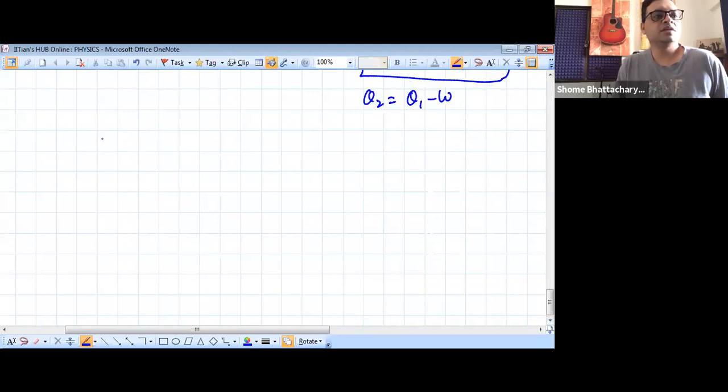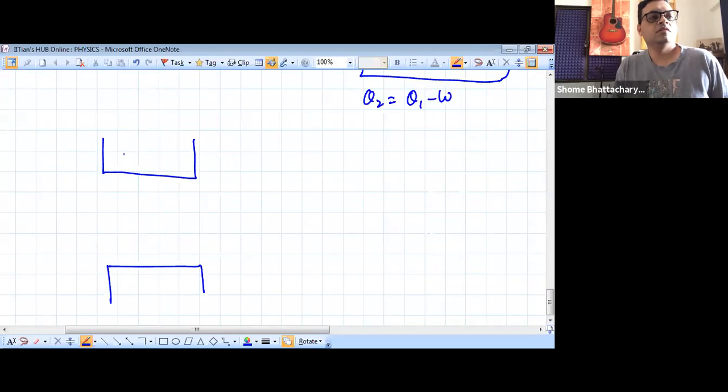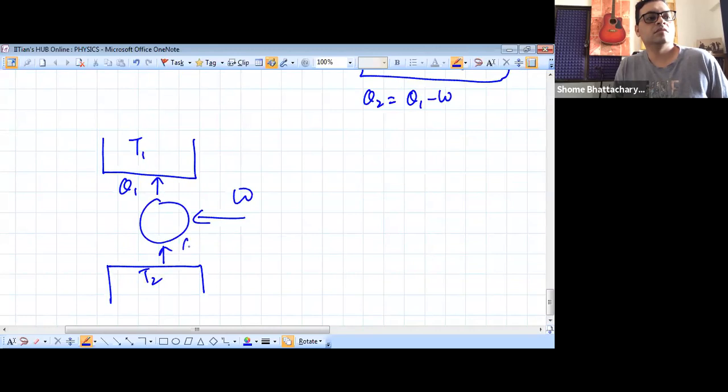So a reverse Carnot engine, what will that be doing? It will be doing this. Okay. So again, it's the same thing.